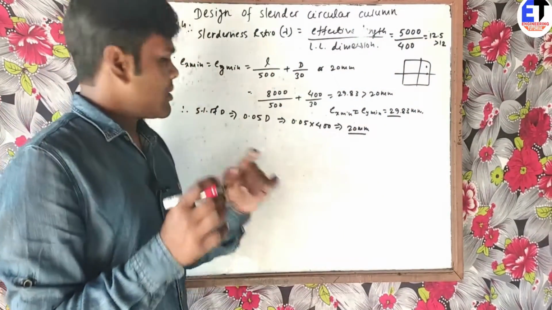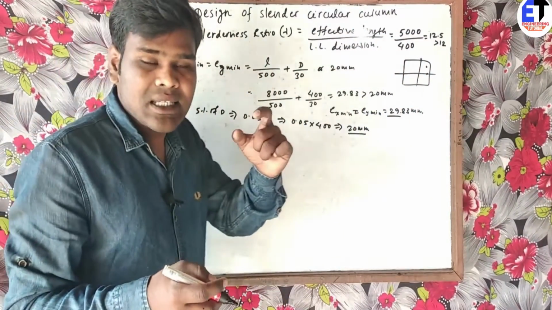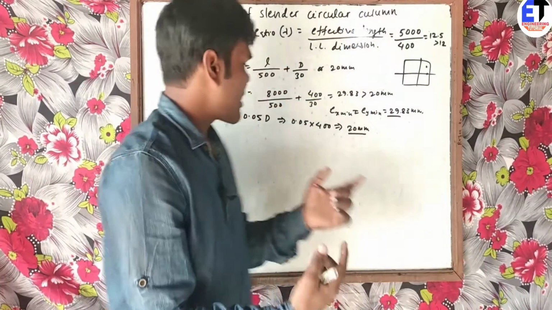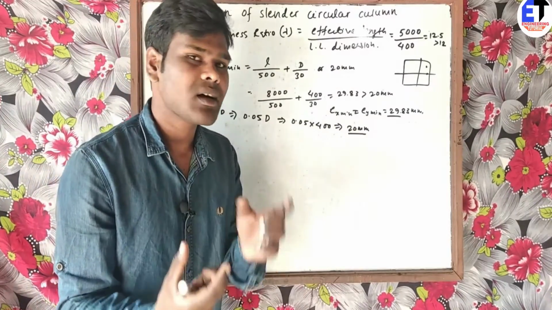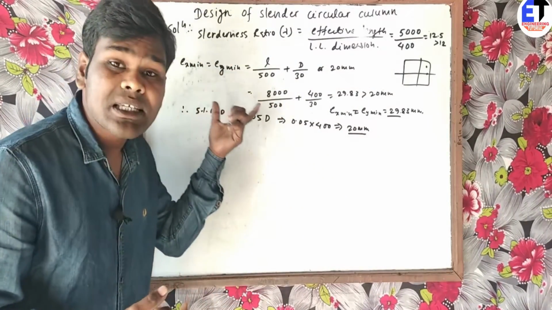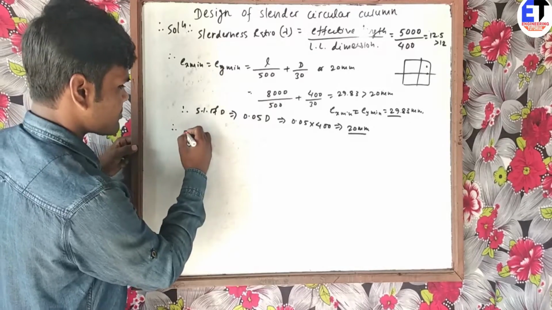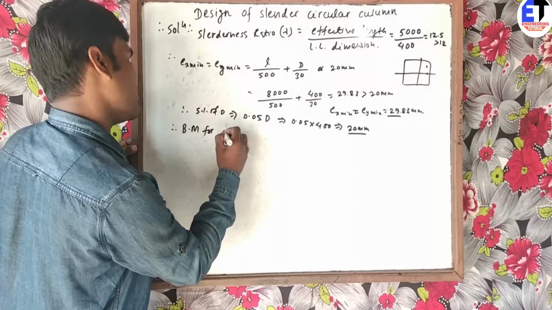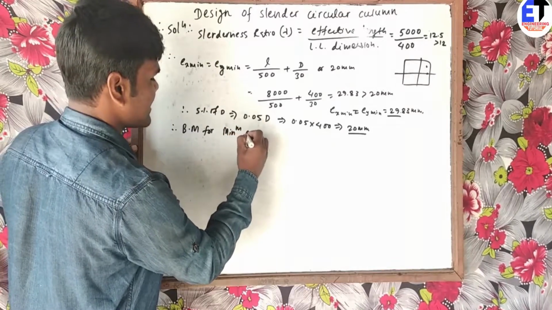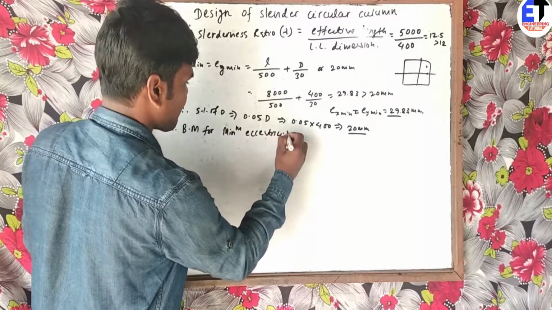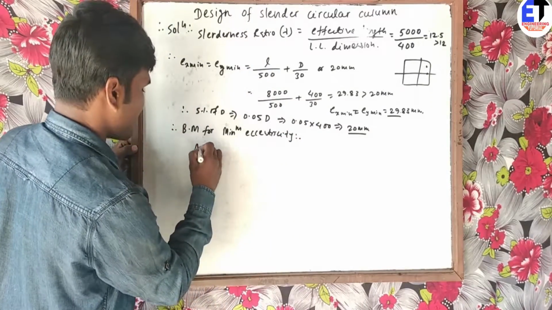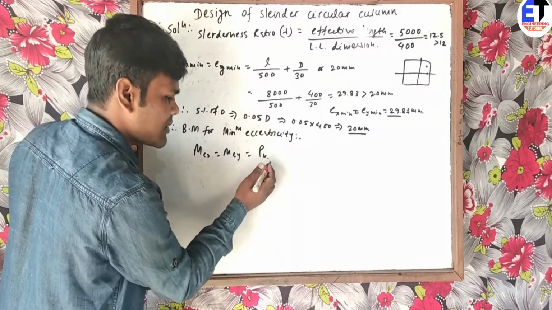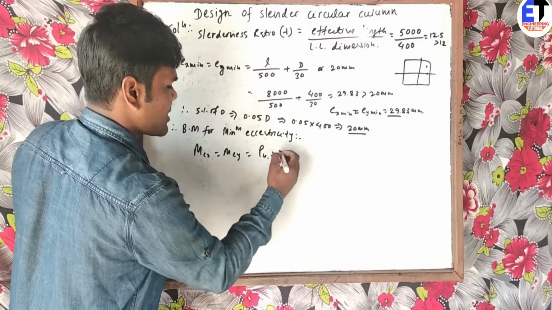Now we calculate the eccentricity. Eccentricity means the distance at which our axial force is acting. Now we are going to calculate the bending moment for minimum eccentricity. MEX is equal to MEY, equal to axial force multiplied by e minimum.